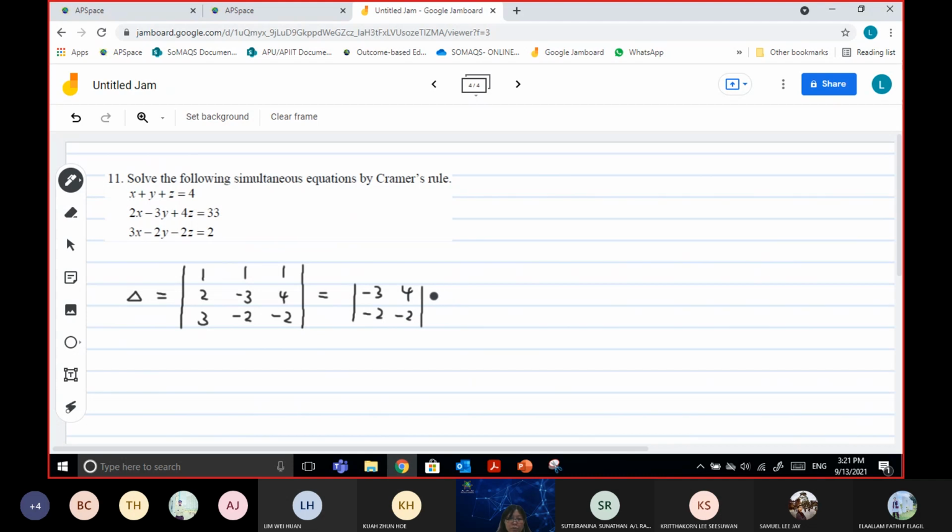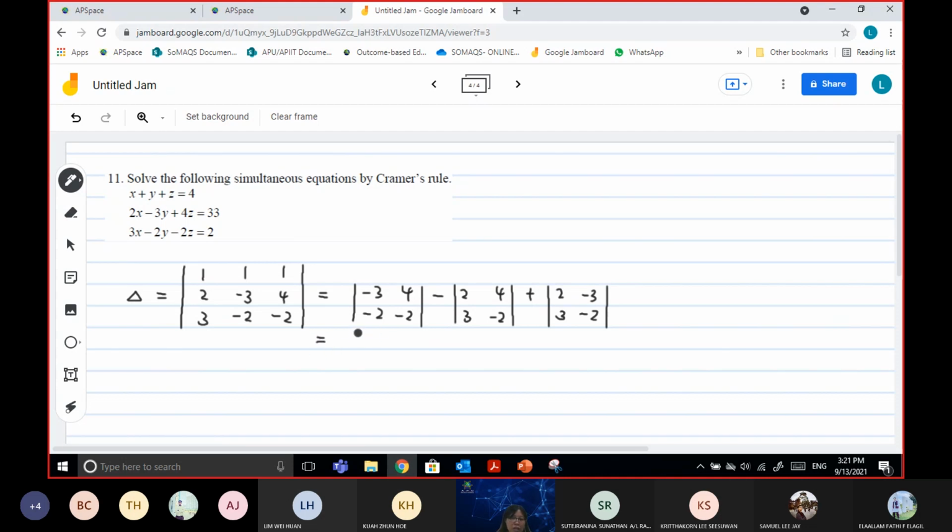Then the second one is supposed to be a minus sign, and the value is 1. Blocking first row, second column, I have 2, 3, 4, -2. The third one is a plus. Blocking first row, third column, I have 2, 3, -3, and -2. Then I proceed to get the determinant.